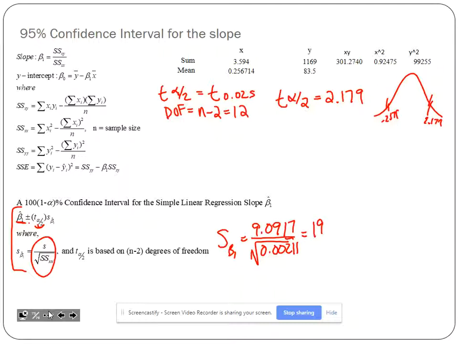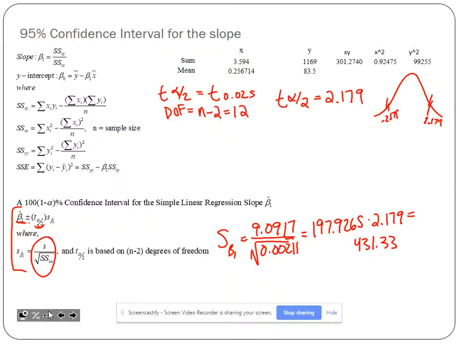I get 197.9265. Times our critical value, 2.179, and that is 431.33.